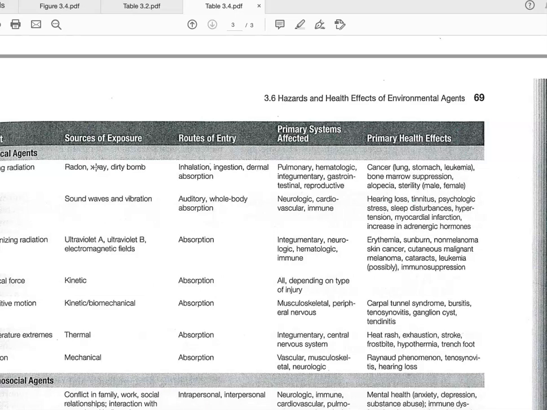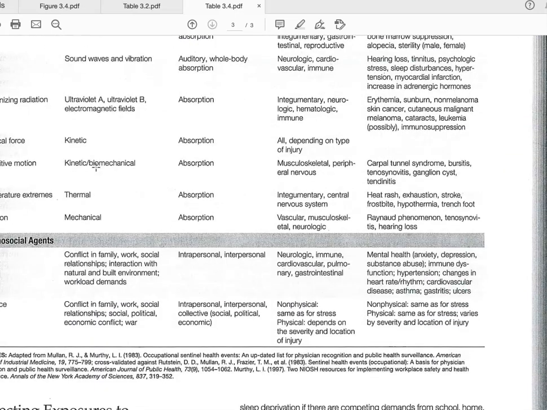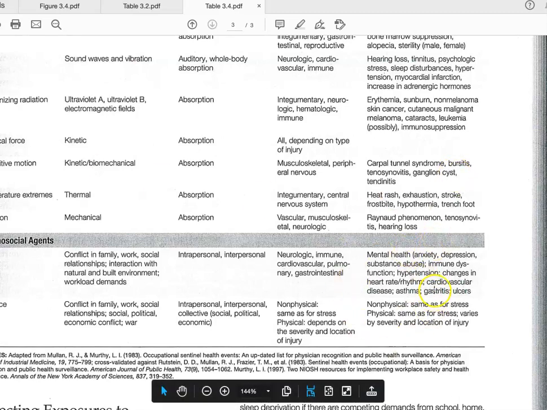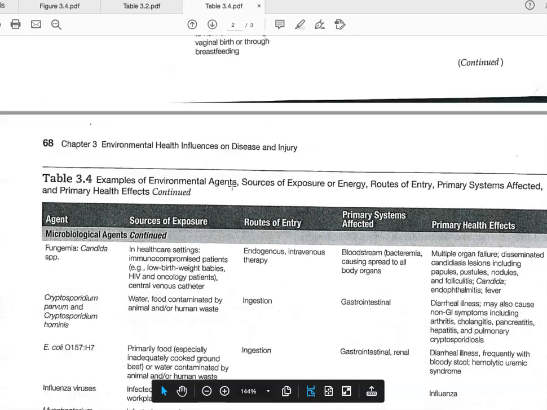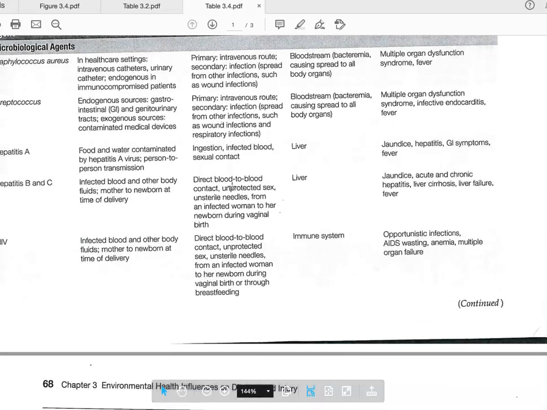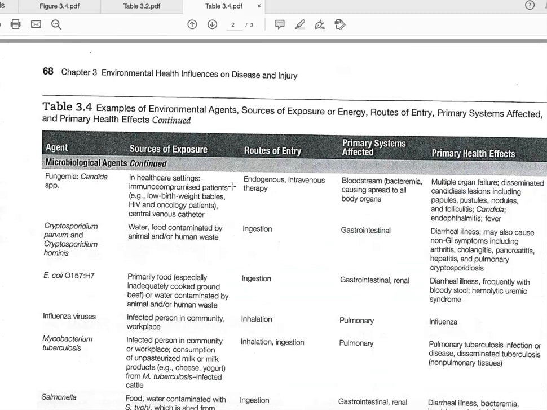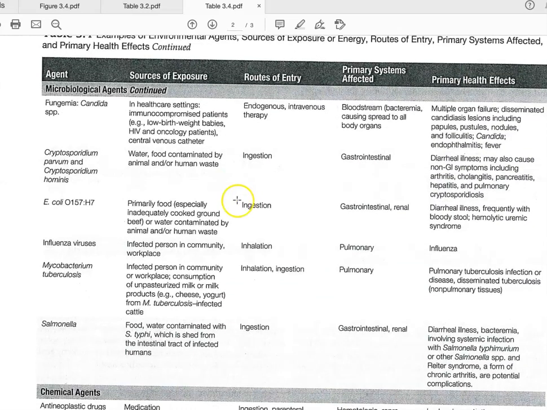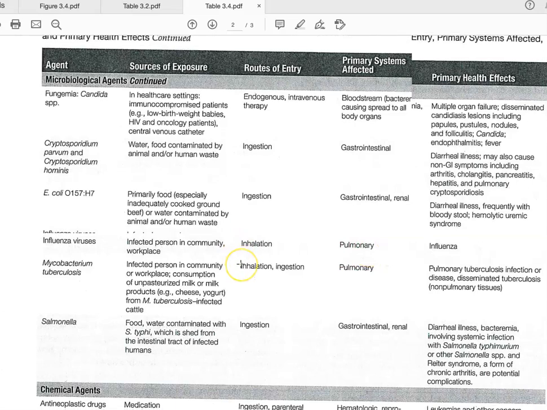Again, it's not about memorizing, although we should probably know that psychosocial agents are going to lead to mental health issues. If we're talking about inhaled types of agents, it's going to primarily affect pulmonary systems. For instance, influenza, we probably already know this. If we added COVID-19 to this, we would have our primary systems being affected as pulmonary, but we know that there are other systems that could be affected as well.